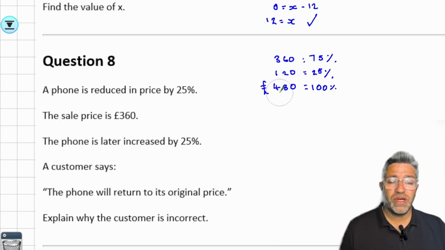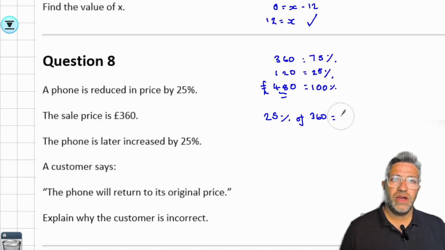That's our original price. Now the customer is saying that if we increase 360 by 25%, it will take us back to that original price. Well, 25% of 360, well, that's a quarter. The easy way to find a quarter, let's work efficiently, is to half and half again.